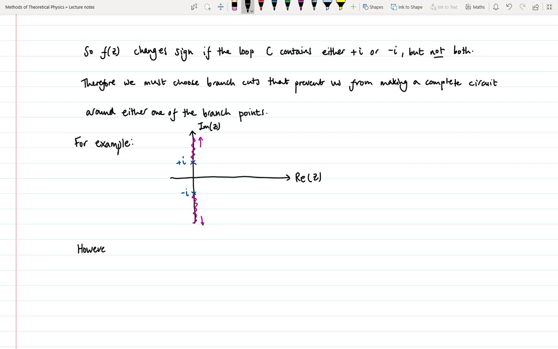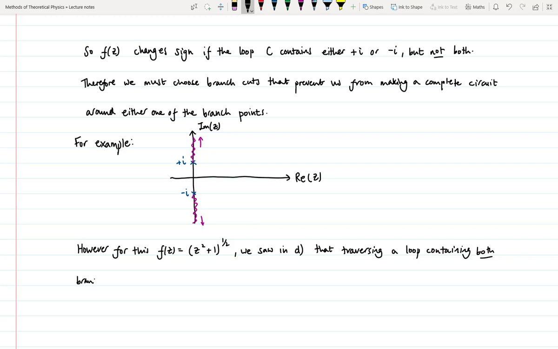However, for this f of z, the square root of z squared plus 1, we saw in that final test loop in D that traversing a loop containing both branch points meant that the function returned to its original value.